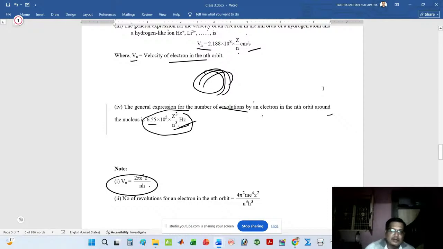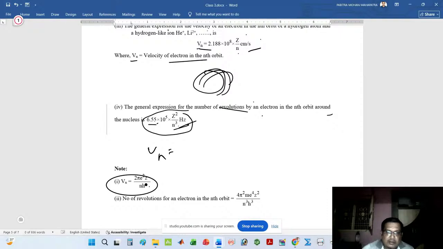If you put the value of pi, e and h, then you will get Vn equal to 2.188 into 10 to the 8 into Z by n m per second.